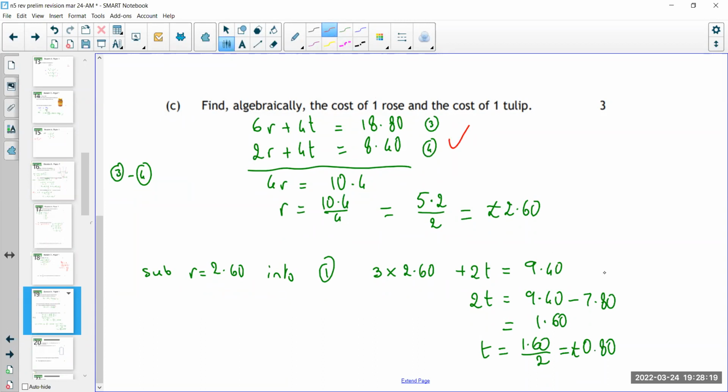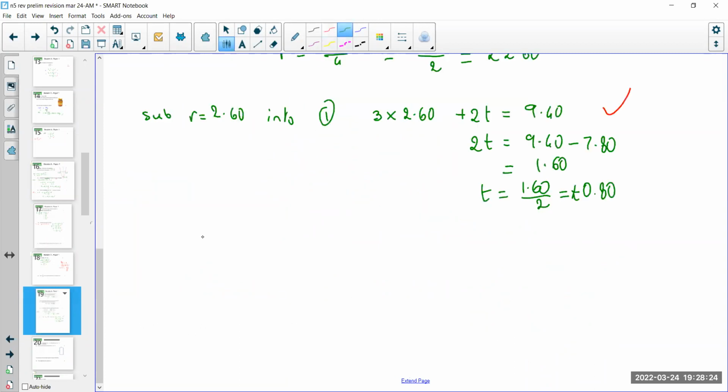You would get a mark to get these two values, and then you put a little sentence in English that just says one rose costs £2.60 and one tulip, that must be just before Valentine's or something. Look at the price of a rose, £0.80. And that's it, you get your last mark.